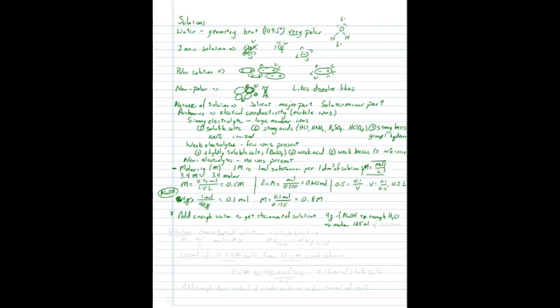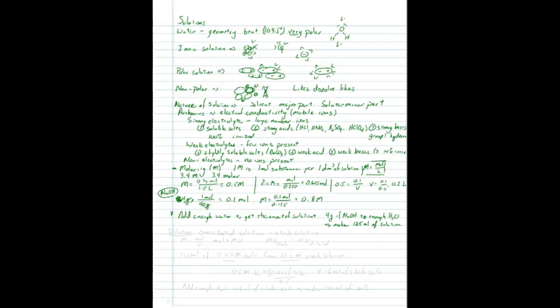If it's a weak solution, it doesn't really make too much of a difference. But if it's 1 molar or above, you might have 130 milliliters of solution, or 120, 150, depending on what the solute is.